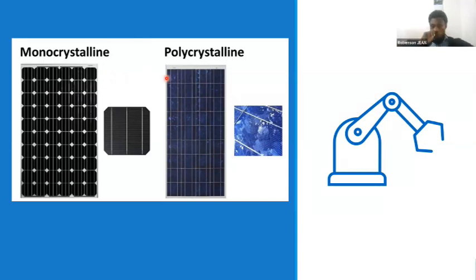One way to tell the difference is the big dots that we have on the mono that we do not have on the poly. Also the color of the mono is a little bit darker, and the poly is a kind of navy blue that is lighter, and that is the way to tell the difference.